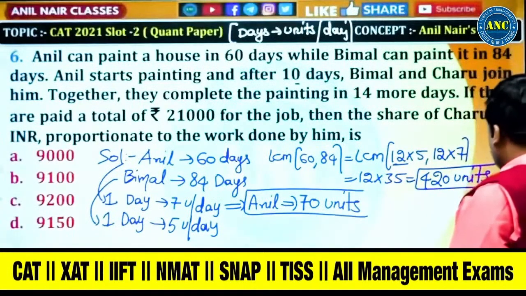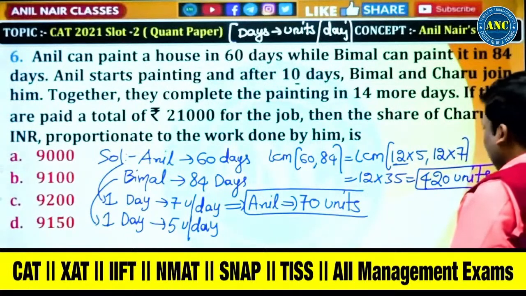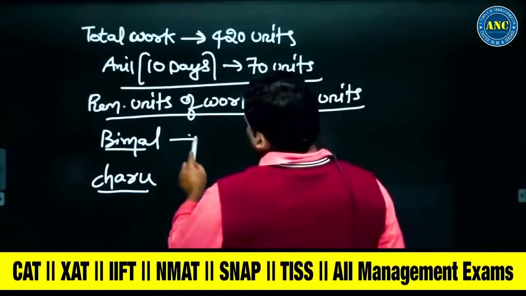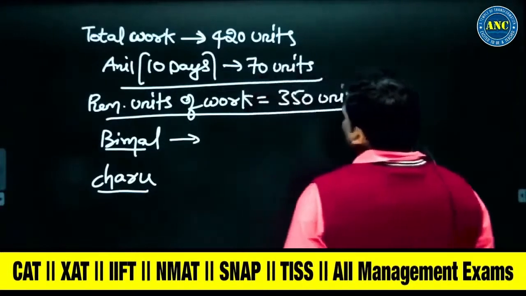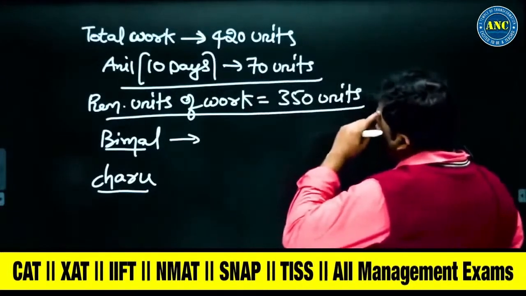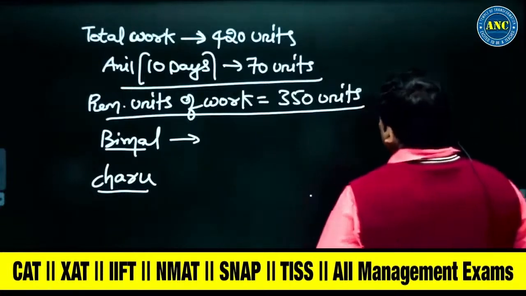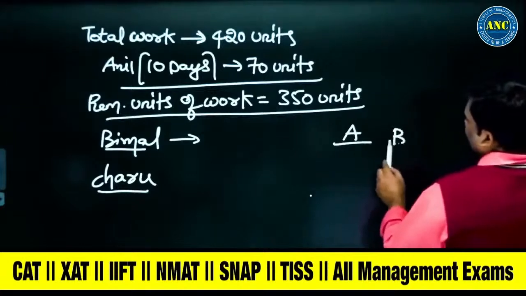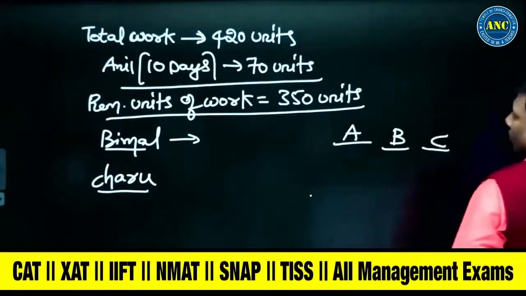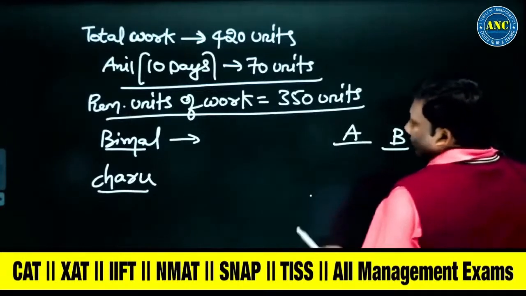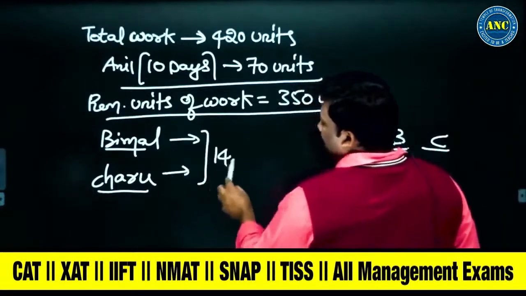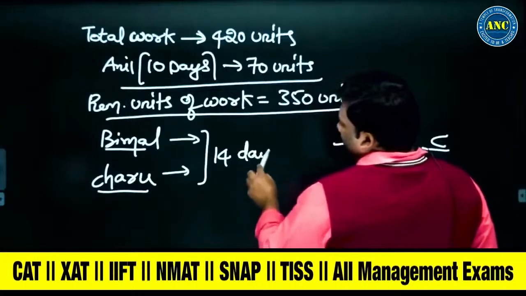Bimal, what is his efficiency? Bimal's efficiency is 5 units per day. Total he worked for how many days? We will write down here A, B and C. So Bimal and Charu both have worked together for 14 more days.